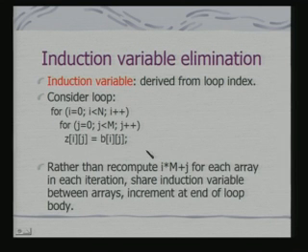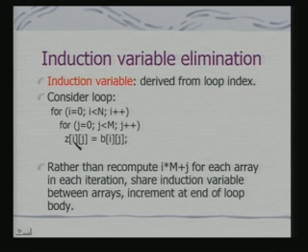Then what we call induction variable elimination. An induction variable is typically derived from the loop index, because here you see that this is a two-dimensional array, z and b[i][j], and I am doing an assignment using the same index pattern. For each assignment I need to compute the address of these data elements.